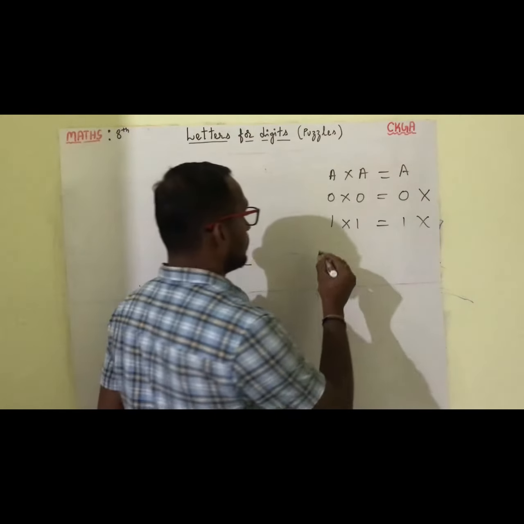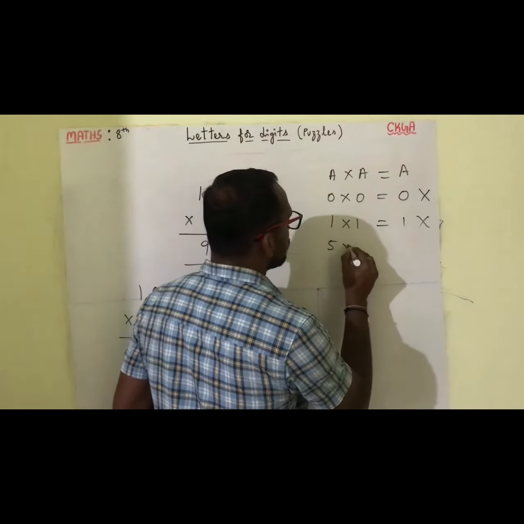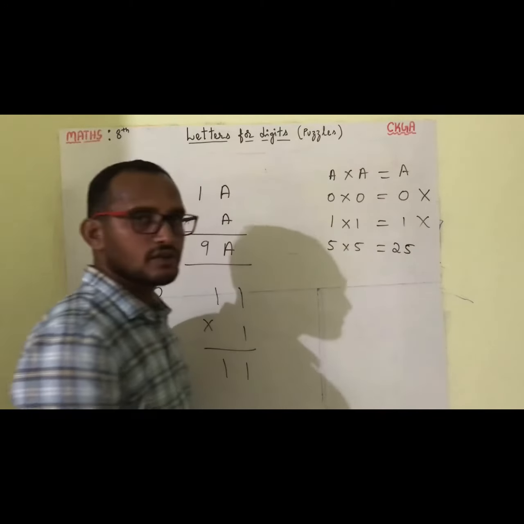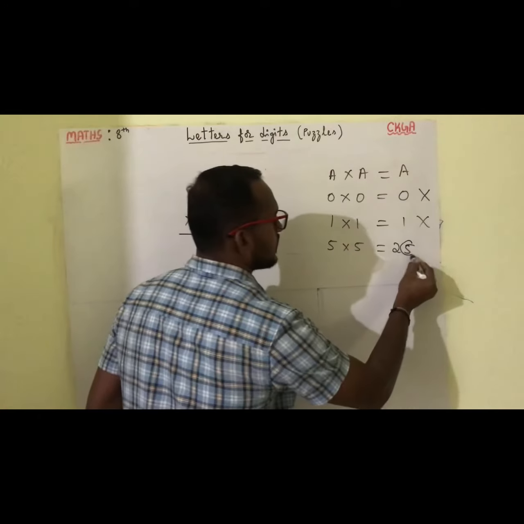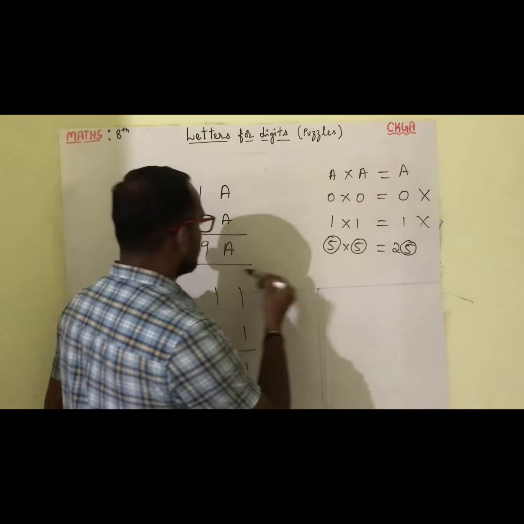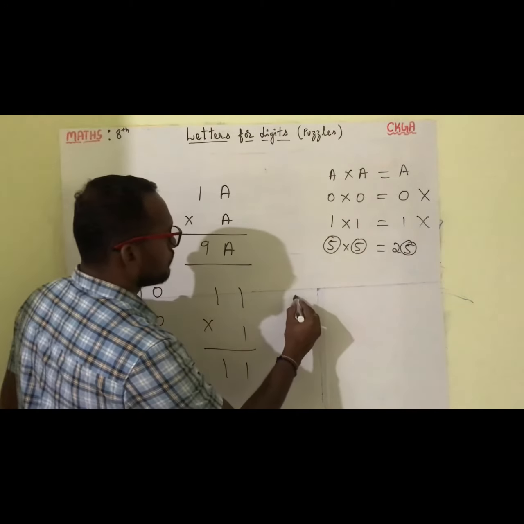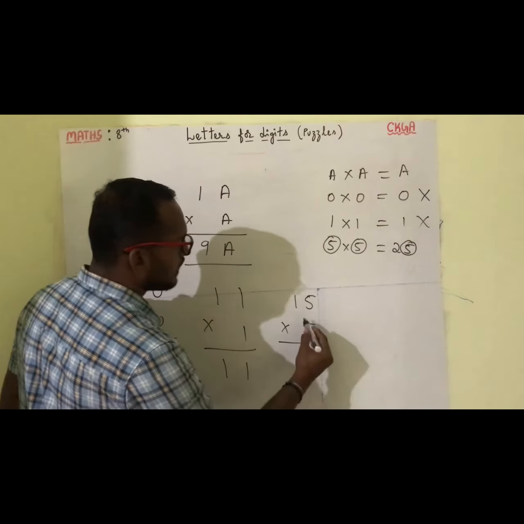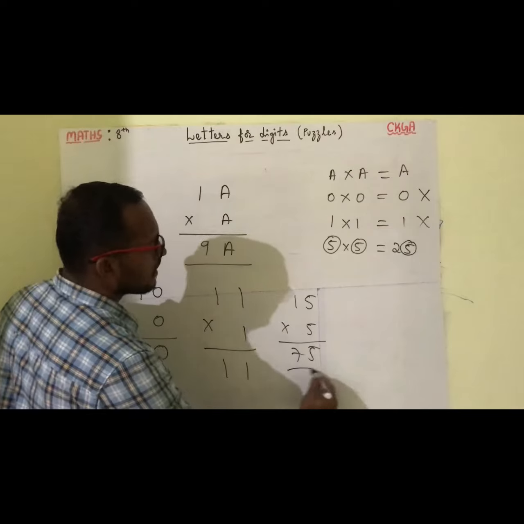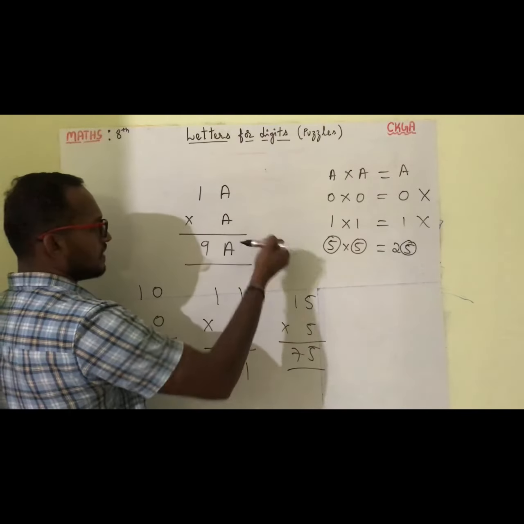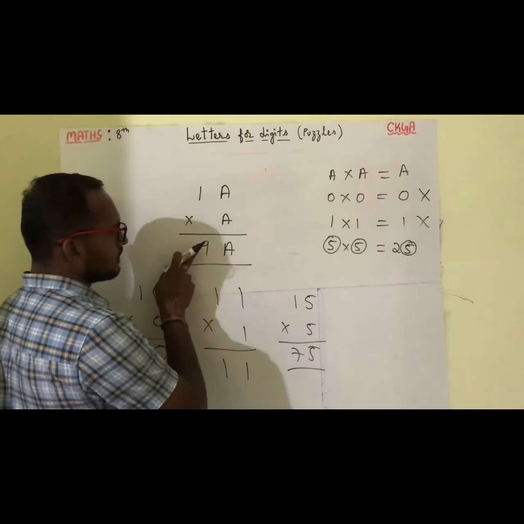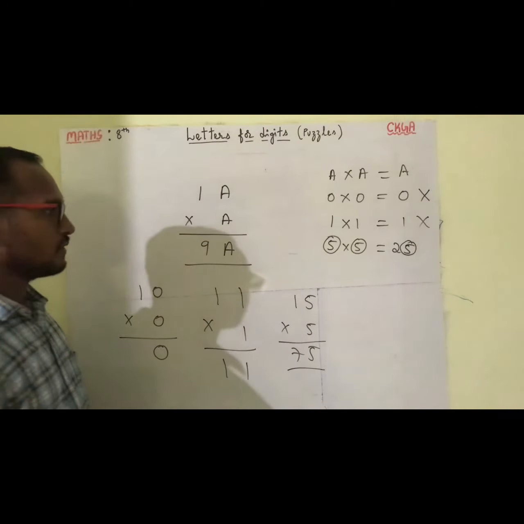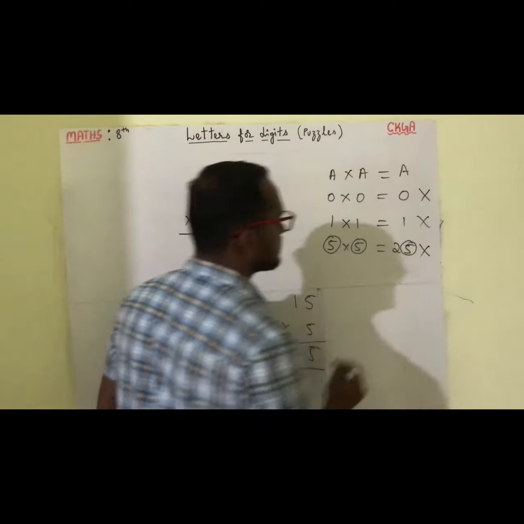Another one, 5 into 5, that is 25. That might help us because your unit place number is 5. Use this one: 15 fives are 75. So now these three balance, 5, 5, 5. Whether 9 is balancing? The answer is no. Even this is not possible.